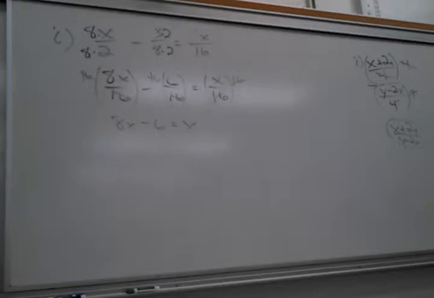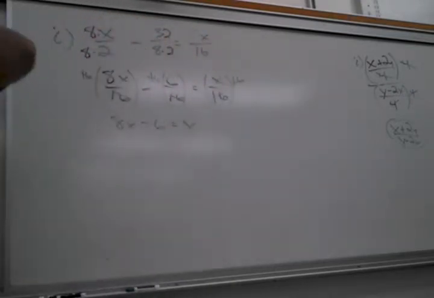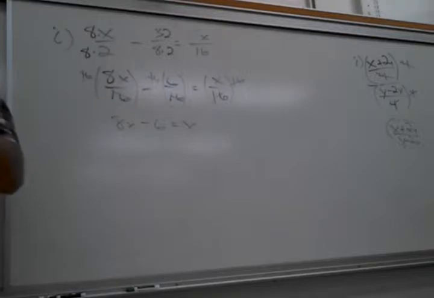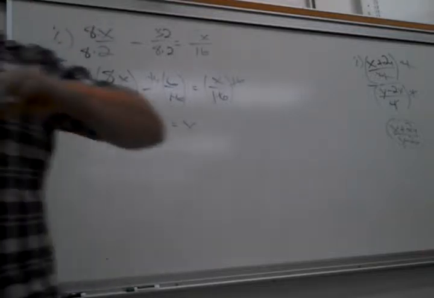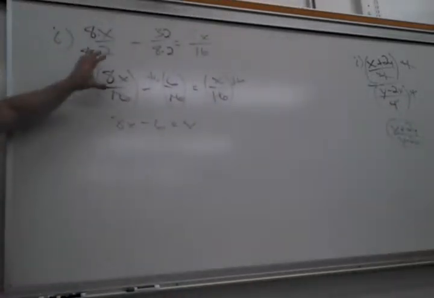Silly question. Once you got the LCD and got the equal sign, why do you go through all the trouble of writing a 16 up there with all the other stuff? It doesn't do anything except make it go away. You mean, why did I write this second line? Just to make it really clear what's going on. Anything I show you, you've always got to show me some work.